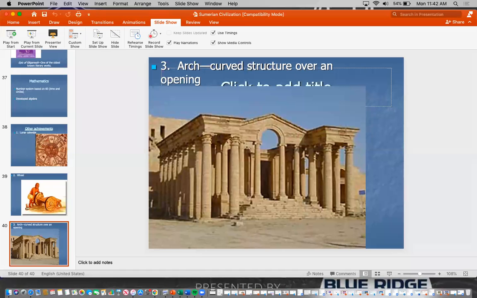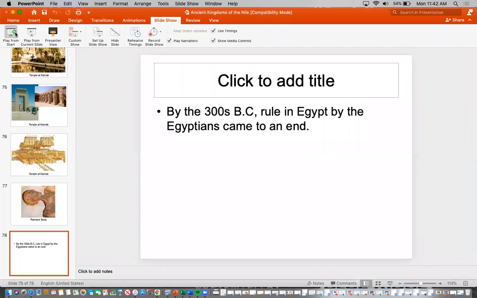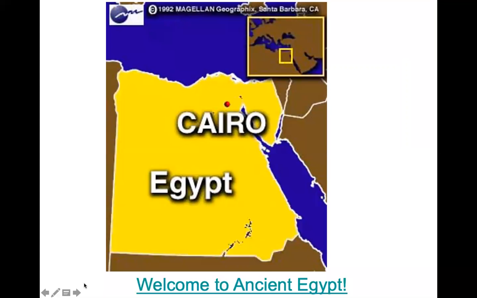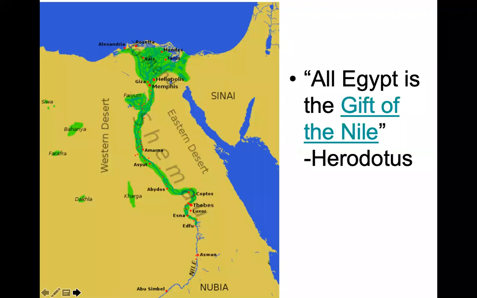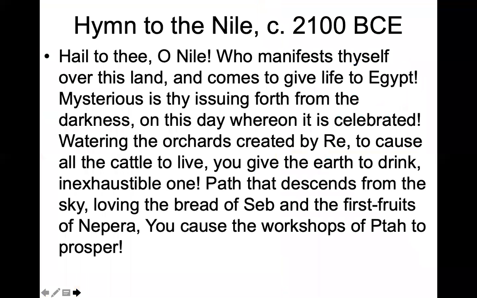All right, now we're going to look at the Egyptians. Welcome to ancient Egypt. Remember, without the Nile River, Egypt is nothing. Herodotus calls Egypt the gift of the Nile.